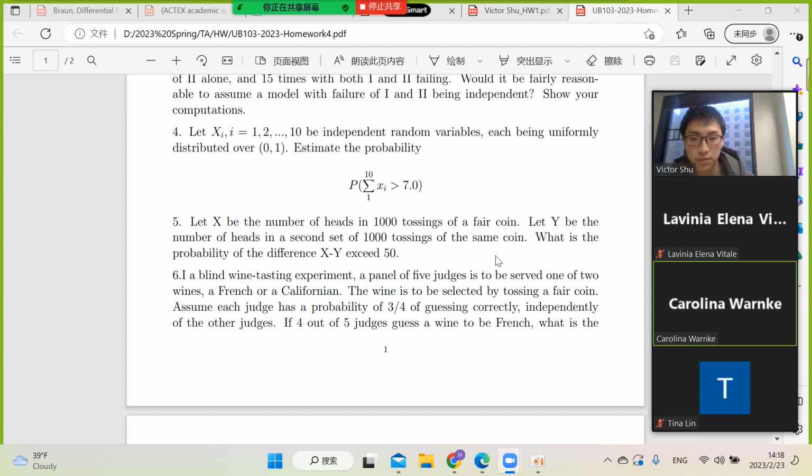Okay, thank you. And one more question. Why is the variance of (x plus y) the same as the variance of (x minus y)? Because the variance measures fluctuation. For expected value, of course, the sign matters a lot. But for variance, it measures fluctuation. You can think of it this way: the price of a stock could either go up or go down.